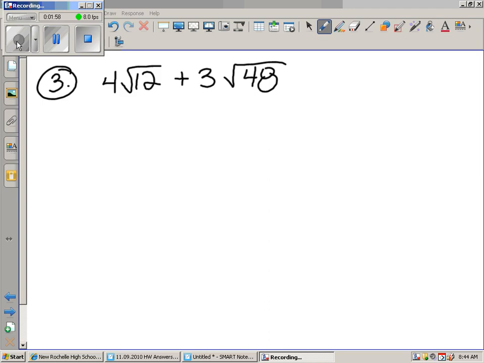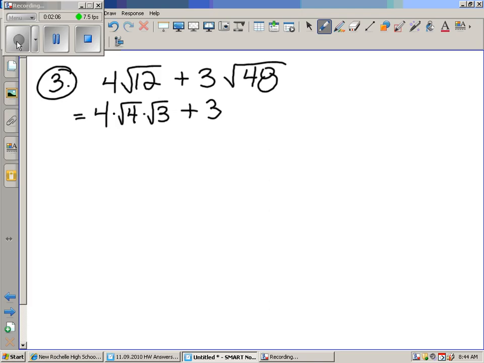You got to split this bad boy up. This is 4 square root of 12. Well, that's just square root 4 times the square root of 3. And 48. Now, there's lots of different things that you could use, yes, 16. 16 is great. 16 is actually the largest perfect square that goes into 48. 16 is the best choice. So let's keep going.